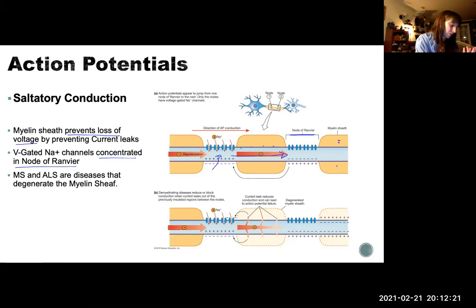So in these places where there's no myelin sheath, but there's also no voltage gated channels, you can lose voltage out of the axon as the signal goes by, meaning that the signal is weaker by the time it gets to the effector, whatever it is.